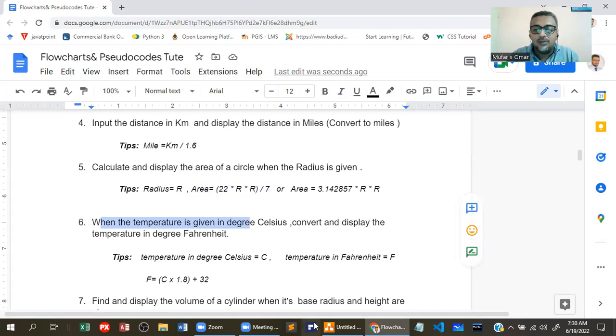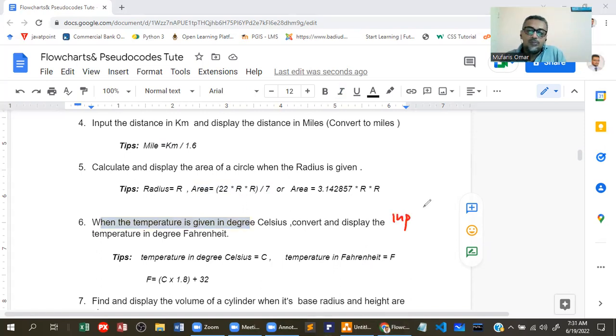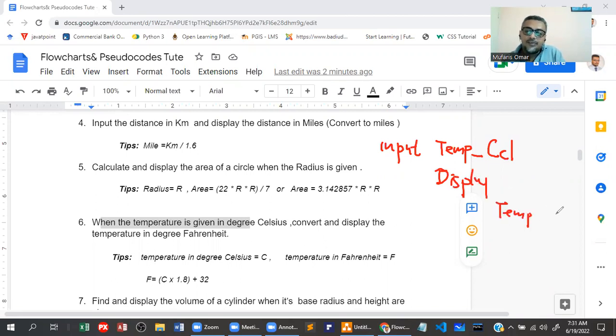So for the third one, maybe you can say input temperature like this, temperature in Celsius or C. And when you display, you can say display temperature in Fahrenheit, maybe F. If you want, you can say temperature underscore C. So then that's clear.